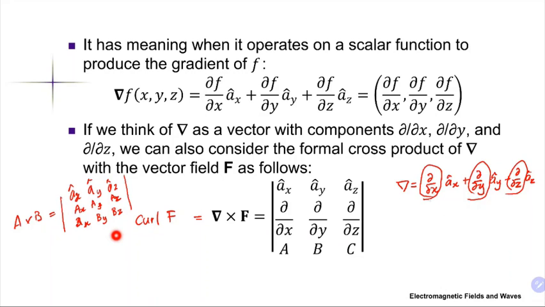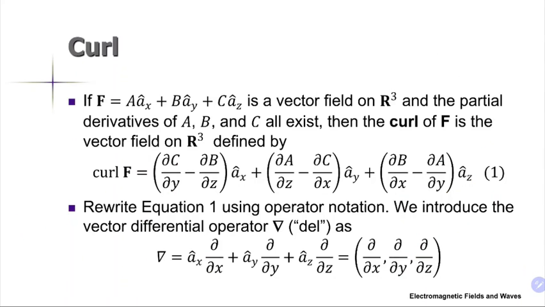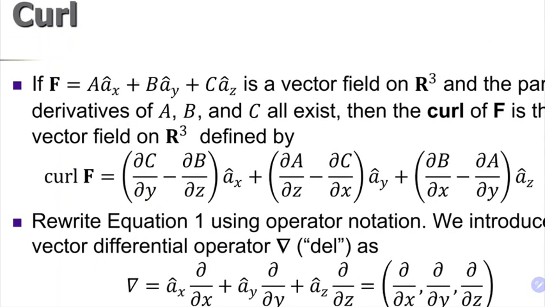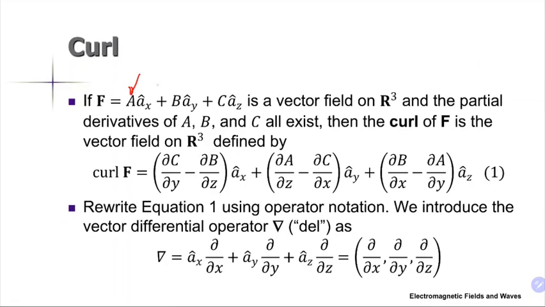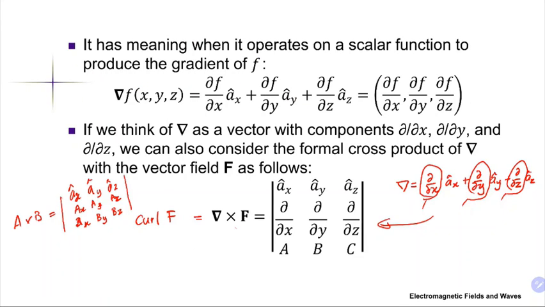The magnitude of del is del over del X for the X unit vector, del over del Y in the Y direction, and del over del Z in the Z direction. All of this goes into the second row because that is the vector for del. The third row is the vector field F, which we introduced just now: A, B, C.